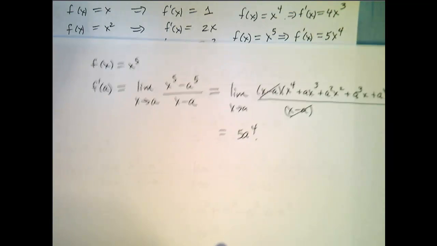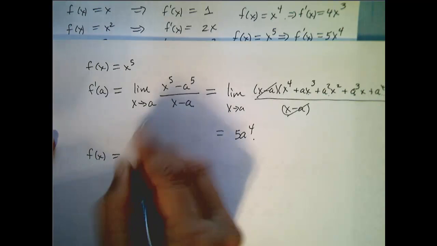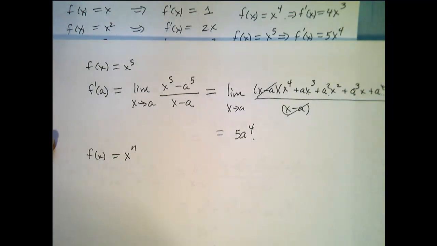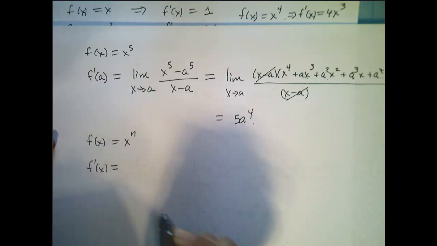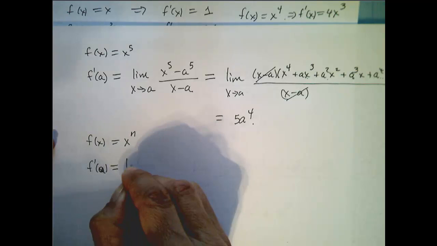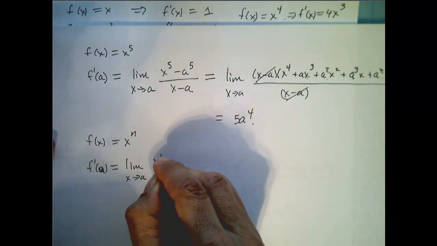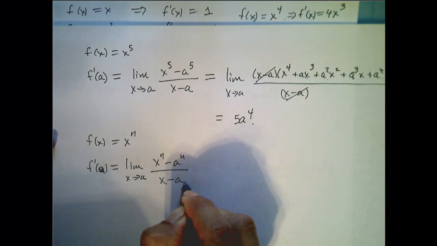All right, I think we're ready to generalize for an arbitrary integer. So let's say f of x equals x to the n, where n is a positive integer. Then f prime of a equals the limit as x approaches a of x to the n minus a to the n all over x minus a.